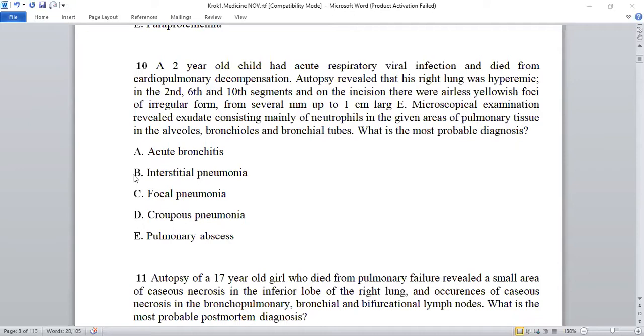So when they say the second segment, it is found in the upper lobe, right? The 6th segment and the 10th segment are all found in the lower lobe.